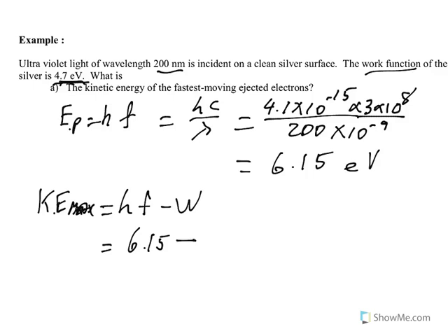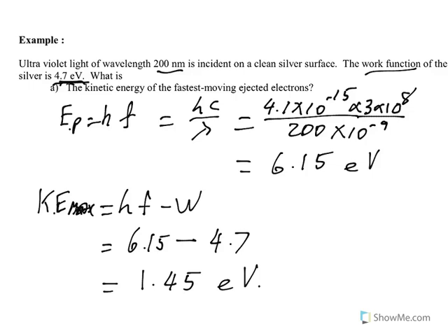And then we take away the work function, which we're told is 4.7 electron volts. So when we take that away, we get 1.45 electron volts, not 56.8 as it says in your notes. So clearly I've pressed some wrong buttons there in some way.